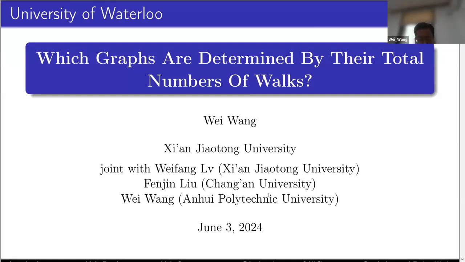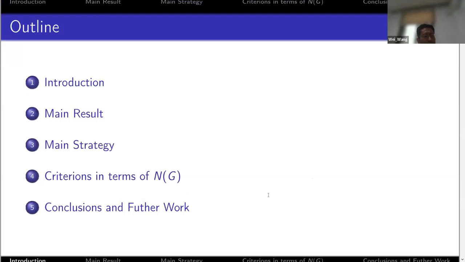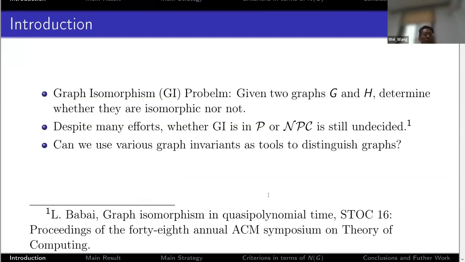First, I'd like to give some introduction and motivations for why we study this problem. I think the biggest motivation is the graph isomorphism problem. Given two graphs G and H, the problem asks you to determine whether they are isomorphic or not.